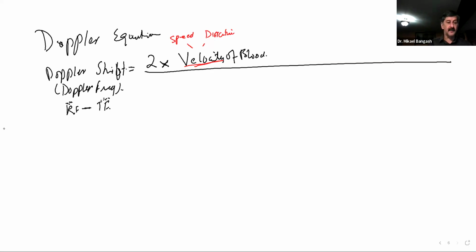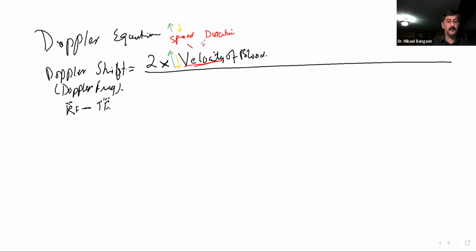As far as the speed is concerned, we could have a high speed, mainly because we had a high velocity of blood, or we could have a low speed, mainly because we had a low speed or velocity of blood.